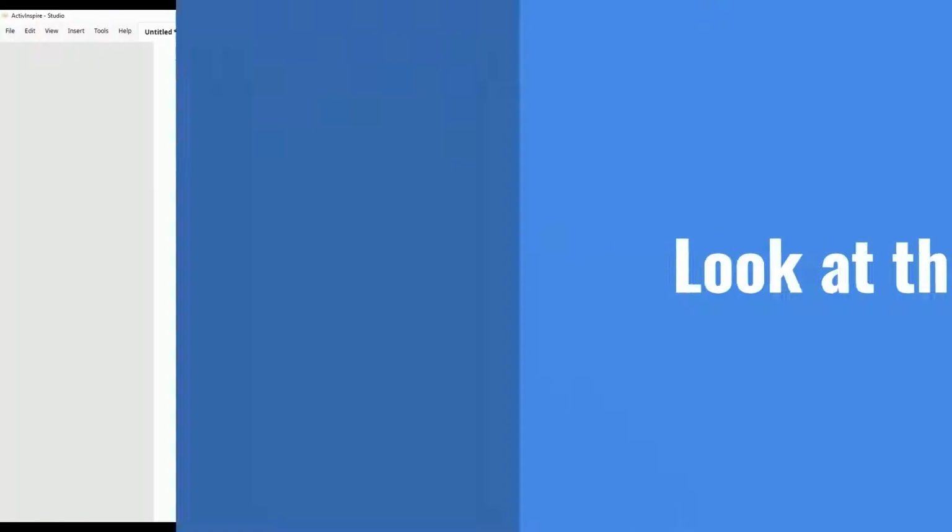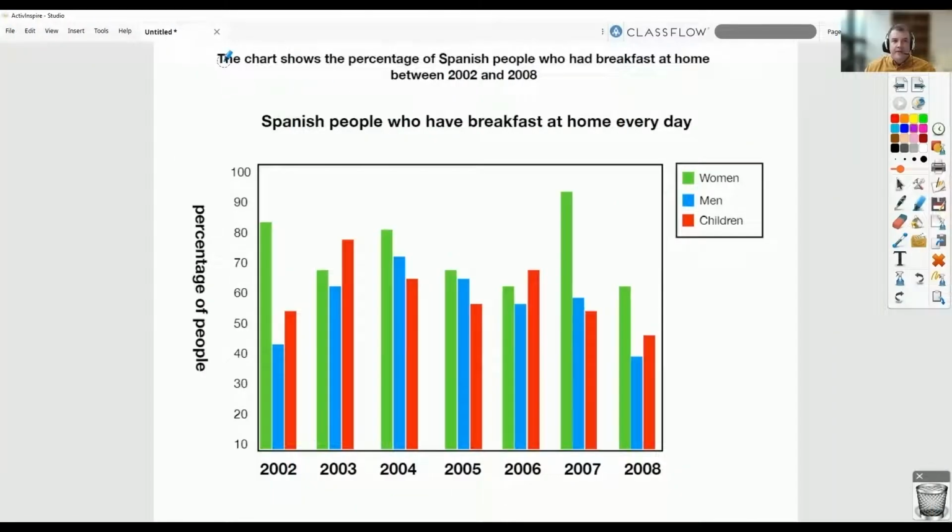So the best place to start is clearly the title. The chart shows the percentage of Spanish people who had breakfast at home between 2002 and 2008. So, Spanish people having breakfast at home.